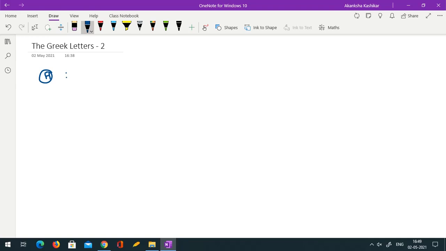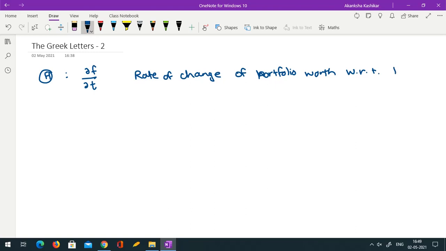So what is theta of a portfolio? We have defined it as ∂f/∂t. So theta is the rate of change with respect to change in time, the rate of change of portfolio worth with respect to the passage of time.